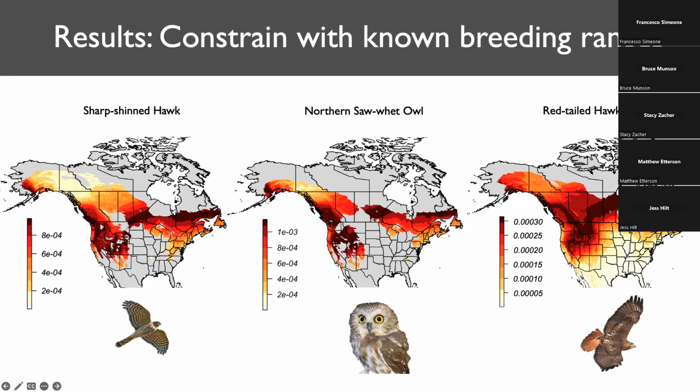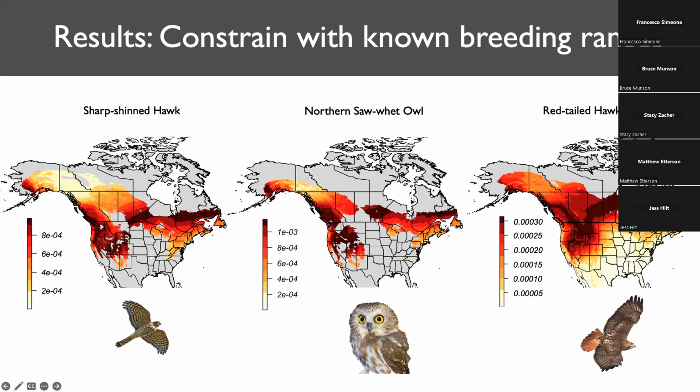For saw-whets, we have this large region of high probability densities that spans across the US. If you remember back, I guess I didn't point this out, but we have band returns that span almost the entire length of the US.